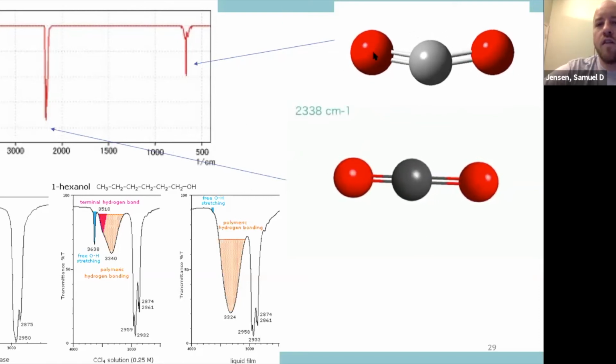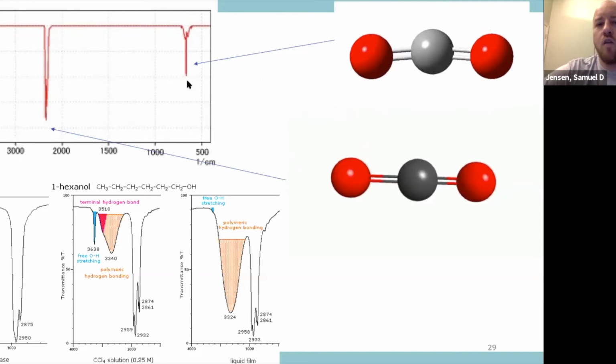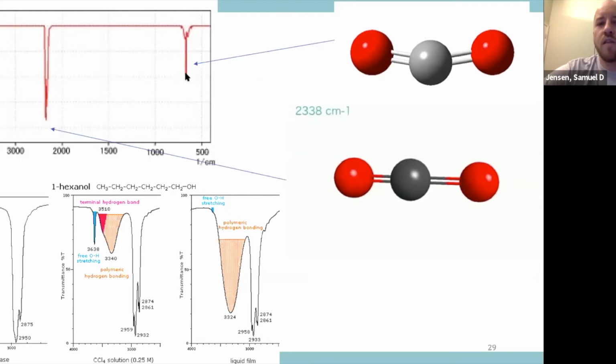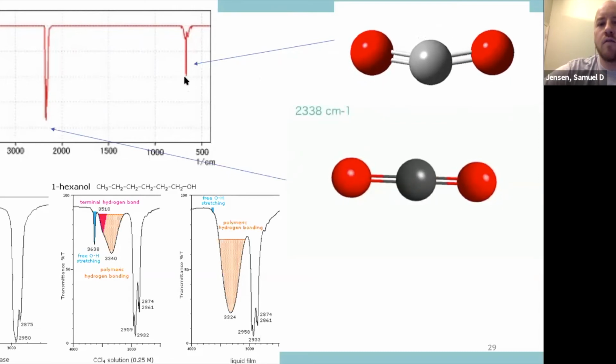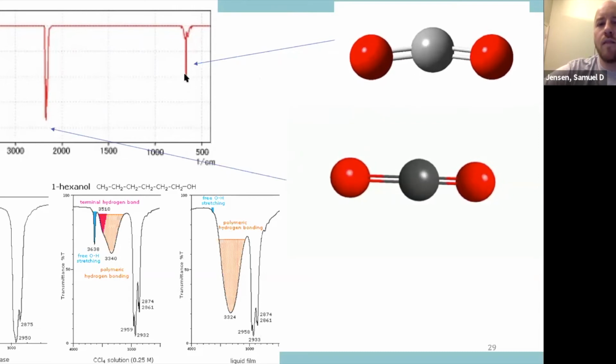Versus this same part of the molecule has a separate kind of vibration. This vibration pattern from the waggle is here at about 600 wave numbers.